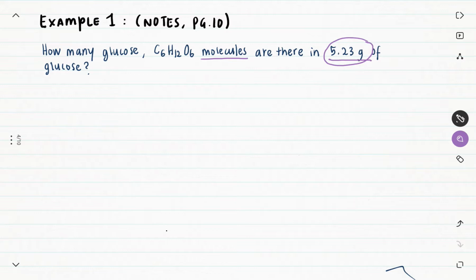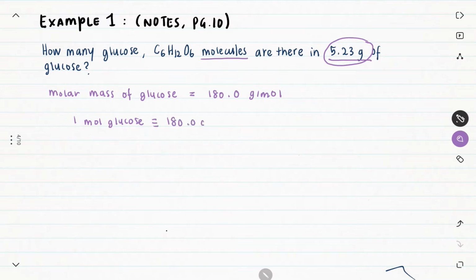To calculate the number of mole from mass, you need to know the molar mass of glucose. The molar mass of glucose is 180.0 gram per mole. This means that 1 mole of glucose will have mass 180 gram.